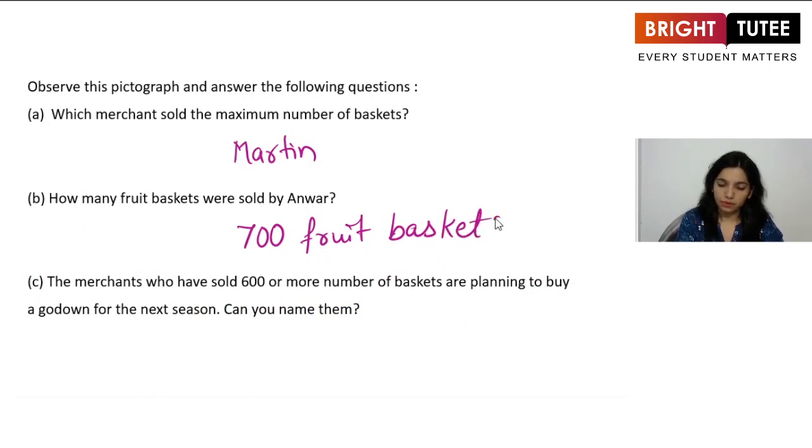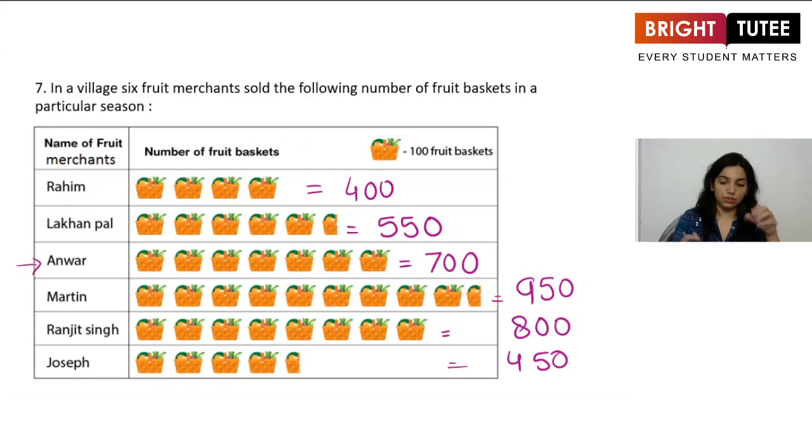Right? The next one: the merchants who have sold 600 or more baskets are planning to buy a godown for the next season. Can you name them? We are first going to see how many have 600 or more fruit baskets sold. So 600 and more. It's 1 here, 2 and 3. So these 3 are the ones that have sold more than 600 fruit baskets, right?